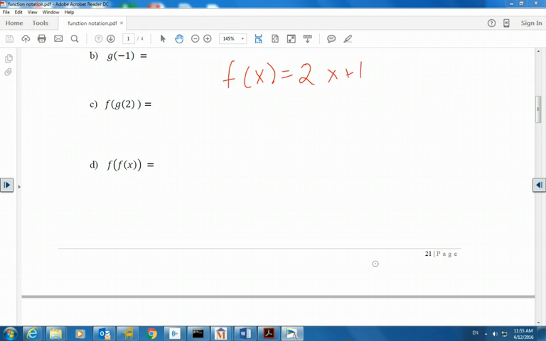Now it's telling me to write, instead of this x here, what do I have to substitute in this x, like here and here? The 2x plus 1. So let's now do this. f of 2, and then I'm going to put a bracket in there.